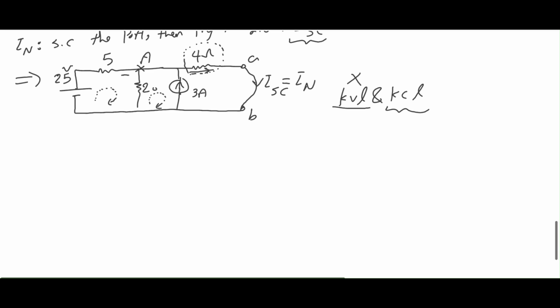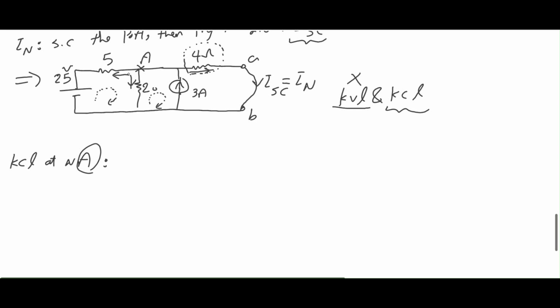So from node A, I can find the value of current flowing into the 5 ohm resistor, and then another current goes vertically down to my 20 ohm resistor, and then I have 3 amp flowing into node A. I can find the value of all currents flowing out of node A or into node A. So that's a perfect method to use. KCL at node A gives me a lot of information.